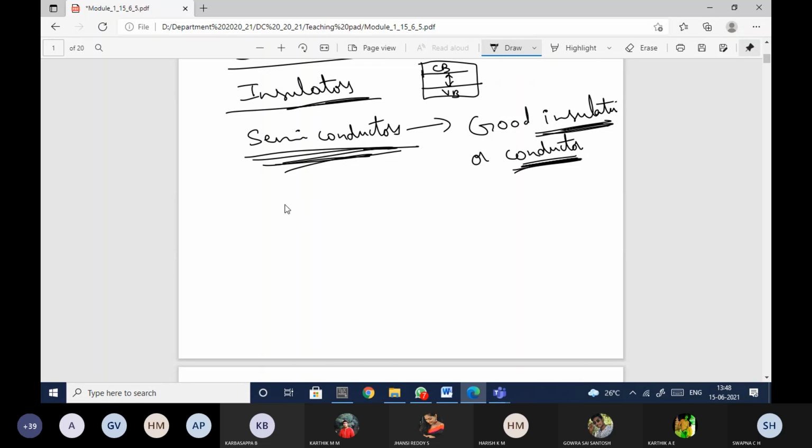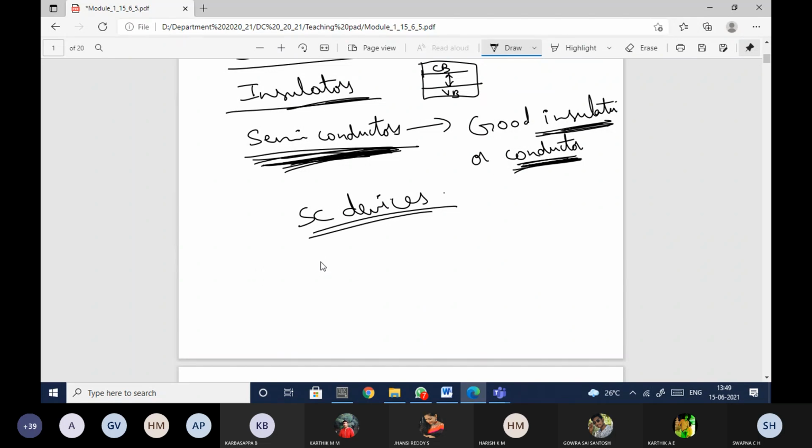In our further discussion, we will be studying the semiconductor devices themselves. Here I'm telling you that we are adding some impurities to the semiconductor material so that it will convert to a conductor.